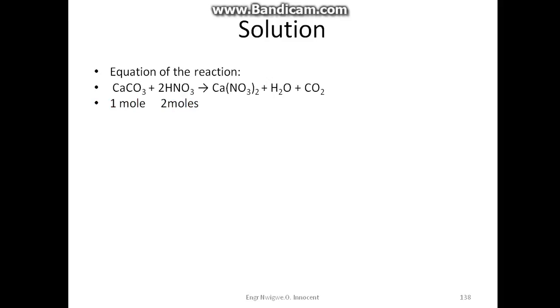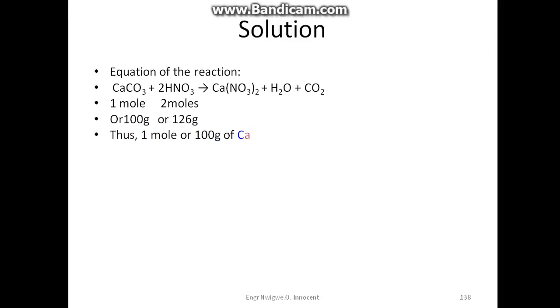1 mole of calcium trioxocarbonate combines with 2 moles of trioxonitrate(V) acid, or 100 grams of calcium trioxocarbonate combines with 126 grams of trioxonitrate(V) acid.